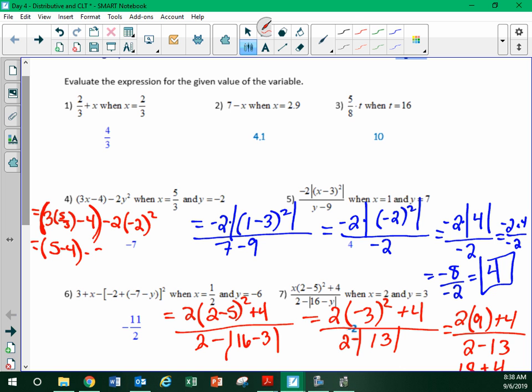So I still have my negative 2 sitting in front. That negative 2 quantity squared, the negative is inside, so it becomes a positive. Again, I have to simplify inside my parentheses, so I have 1 minus 2 times 4. Now, I know that I have to multiply before I do my addition and subtraction, so I could have gone ahead and just multiplied that together. That would have been fine. 1 minus 8, and that gives me negative 7.